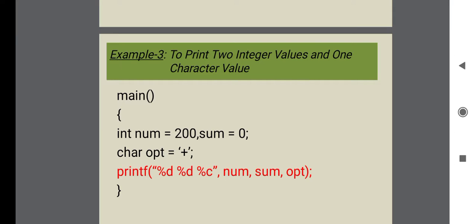If we specify more than 3, it leads to an error. So the point is, the number of format specifiers is equal to the number of variable names.